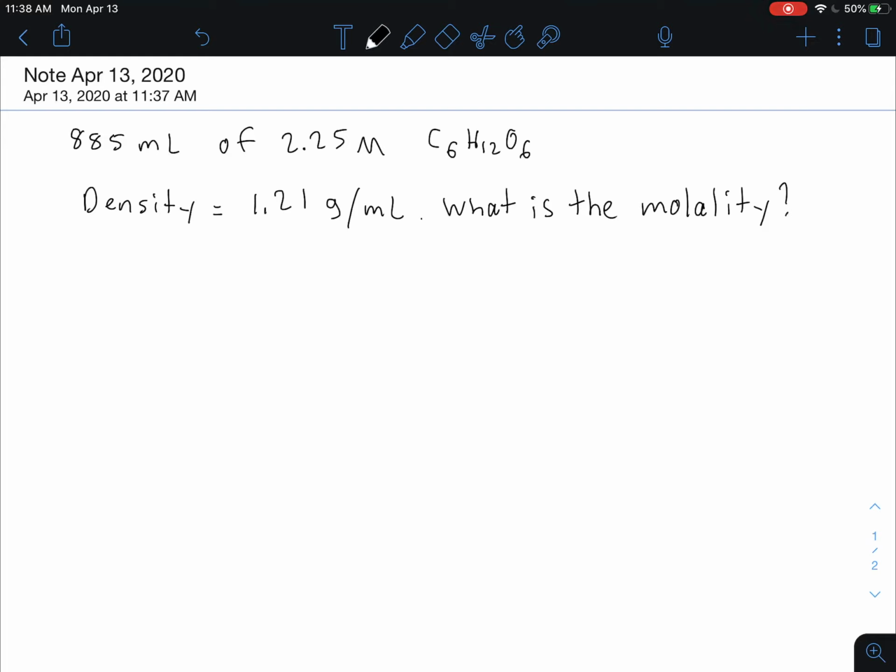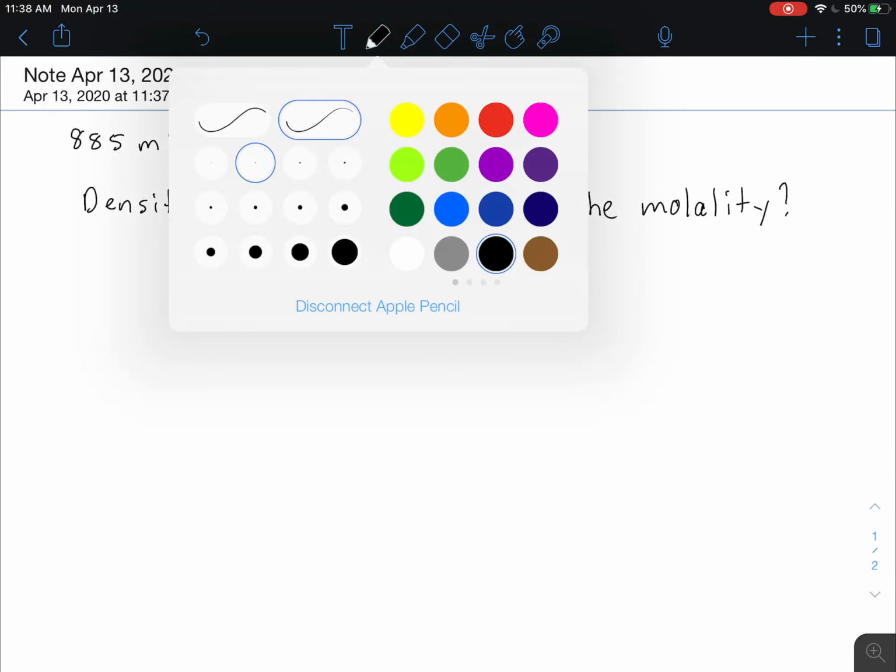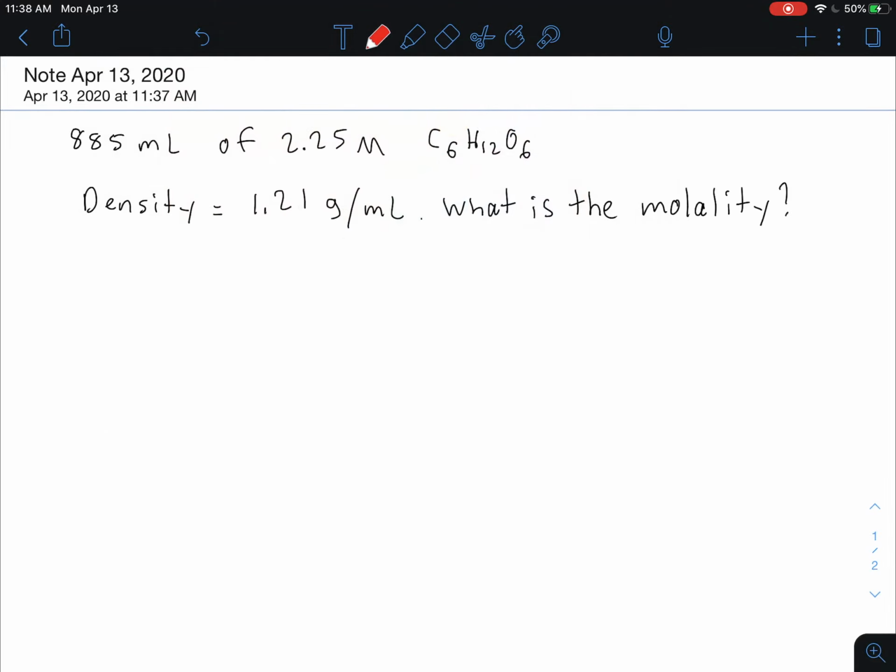So we want to figure out the total solution mass. We want to figure out the mass just of solute. That'll give us the mass of solvent that we can then change into kilograms. So we'll say mass of solution.